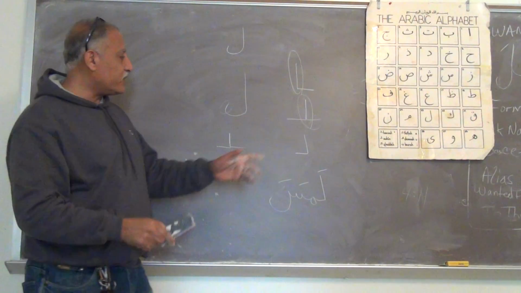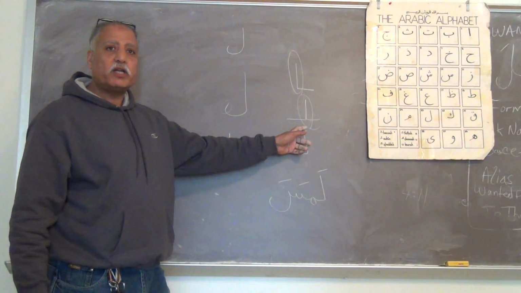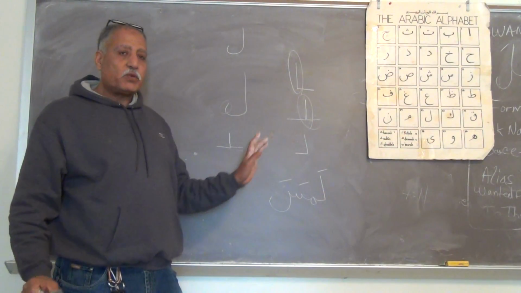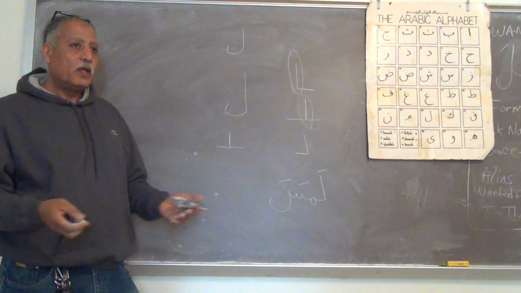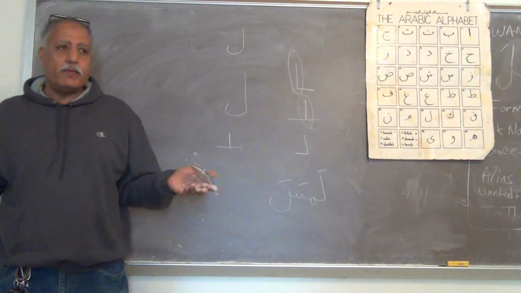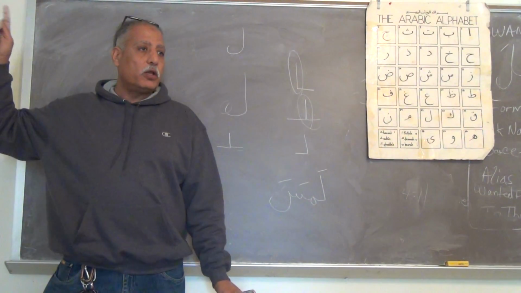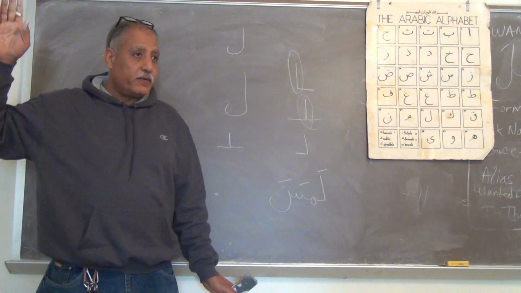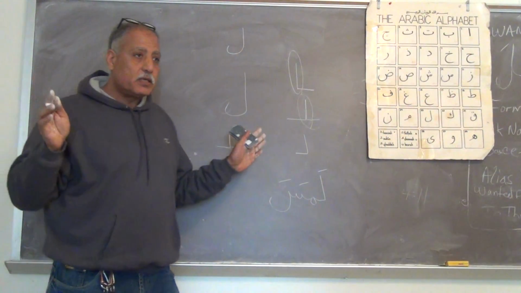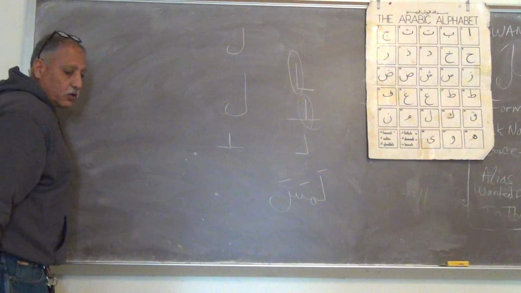The lam can be connected from both sides when it's in the middle or at the end of the word. This is what confuses most people who start learning Arabic. Which one is a lam? Which one is alif? The alif is connected from the right-hand side only, but the lam is connected from both sides, like this.